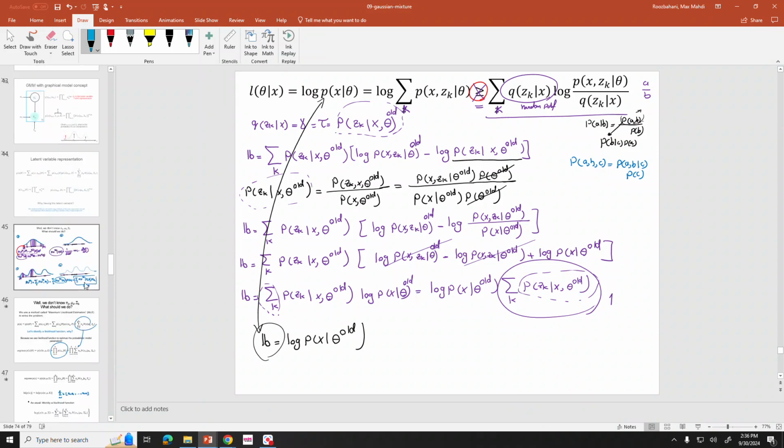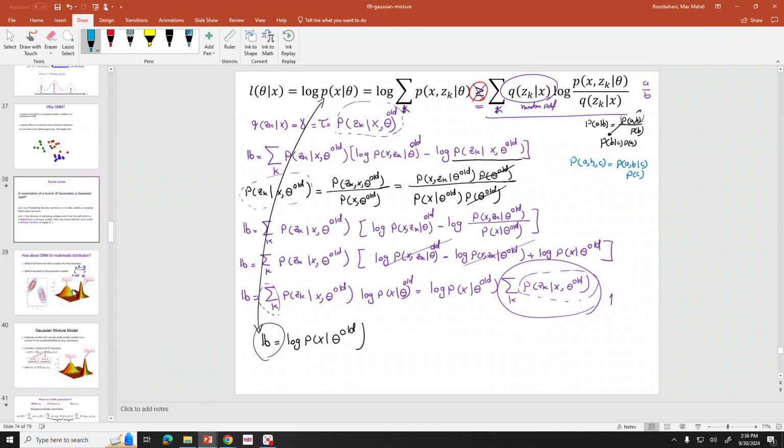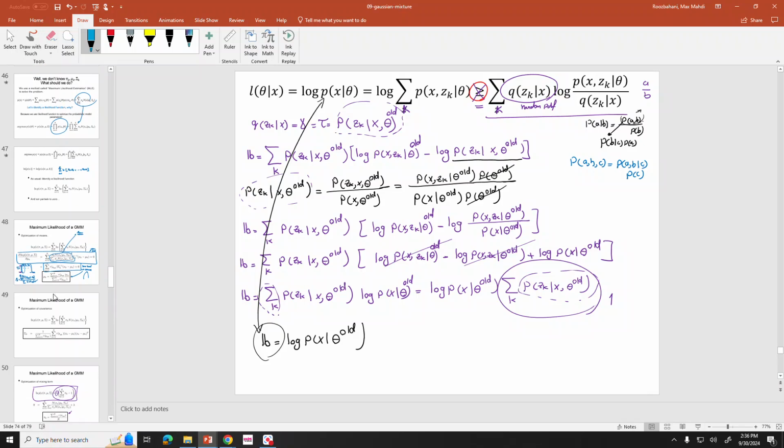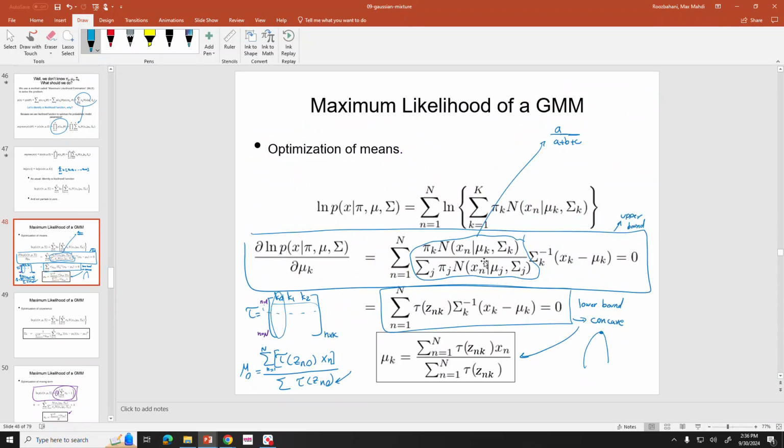The whole idea is, once I put responsibility, you can see that I go from upper bound to lower bound. But why was I allowed to put equality? Because if I put responsibility, you can see that lower bound and upper bound become the same. And I just proved it to you mathematically why they become the same. So it's mainly a mathematical proof here. Okay. Any other question?